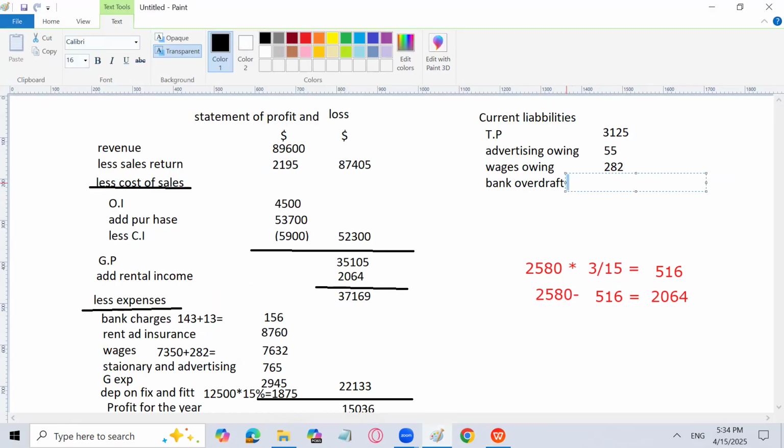So that is 1260 plus 13, 1273. Right, what is the total of the current liabilities now? 3125 plus 55 plus 282 plus 1273. There is no other current liability left in the question. 4735. Okay.